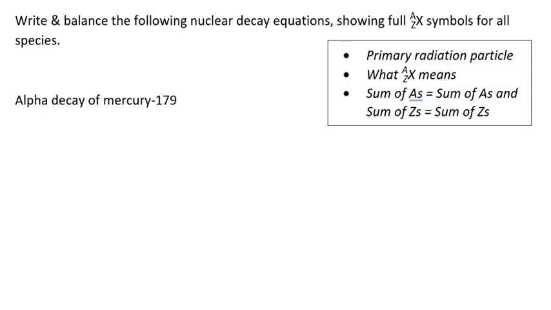So let's take a look at what it means to have this AZX notation. Whether we're talking about an isotope, a nuclide from the periodic table, or a radiation particle, the symbol is X. You either get that from the periodic table if it's an element, or you know what it is if it's a radiation particle.